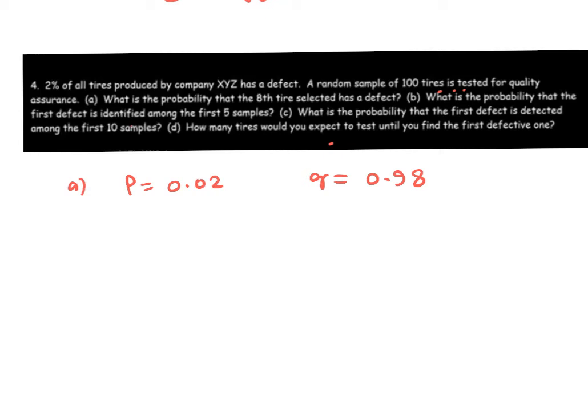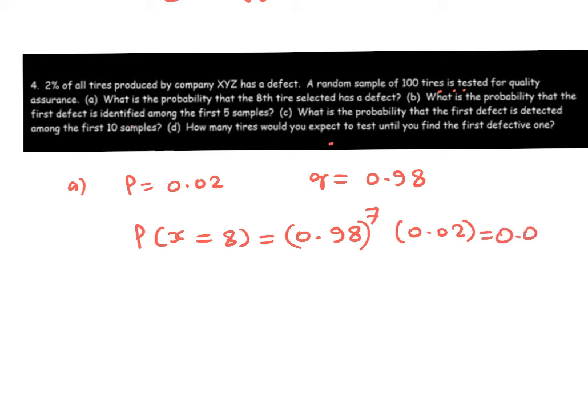To solve A, the probability that the 8th tire has a defect: probability of X equals 8 equals 0.98 to the power 7 times 0.02. That gives 0.0174.